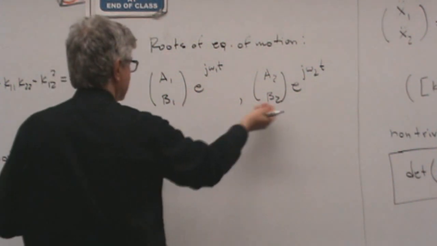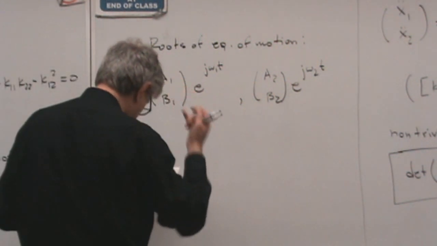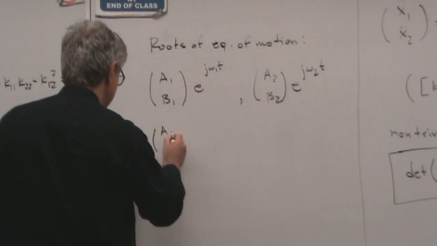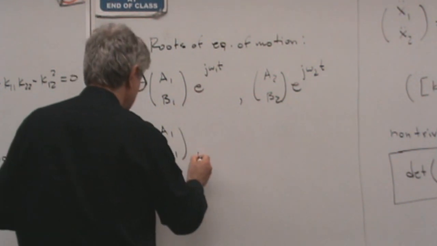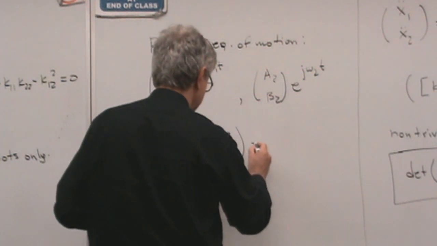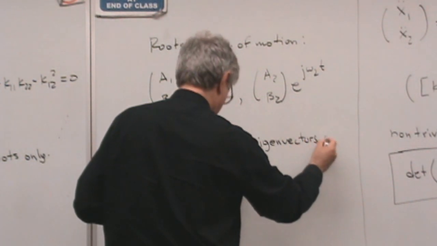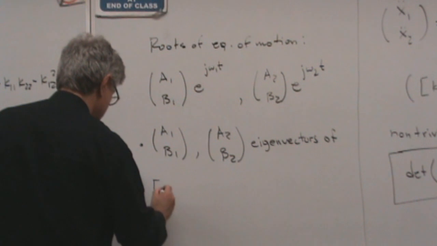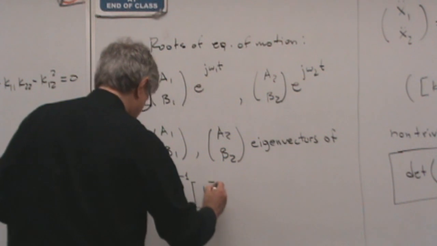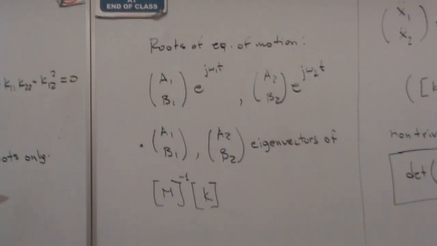The vectors A1, B1, and A2, B2 are the eigenvectors of a matrix. So A1, B1, and A2, B2 are eigenvectors of matrix M inverse times K.